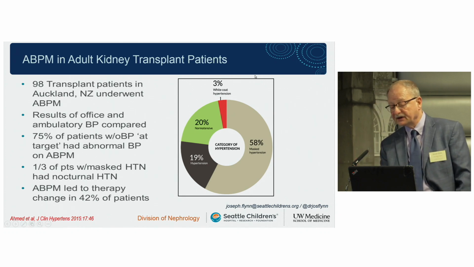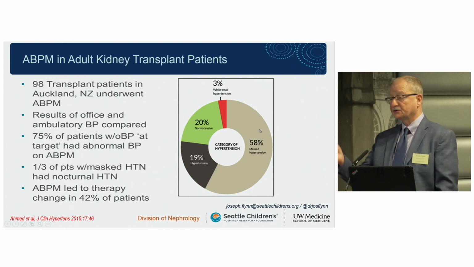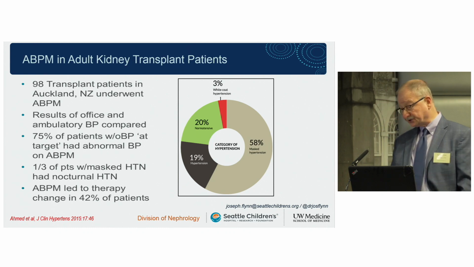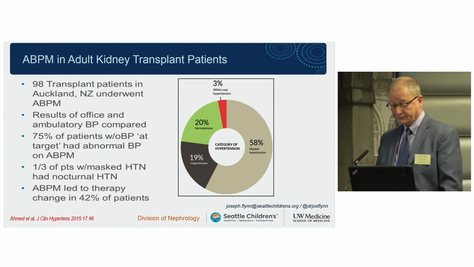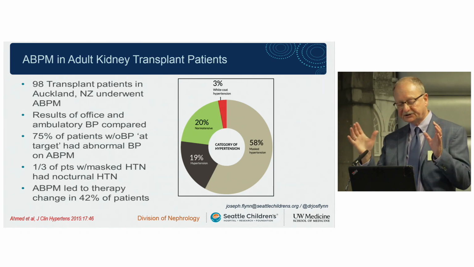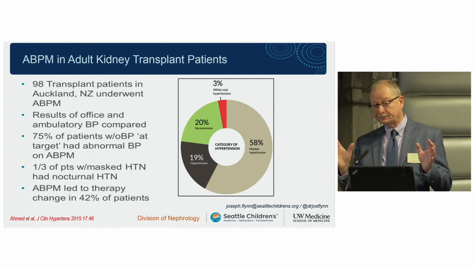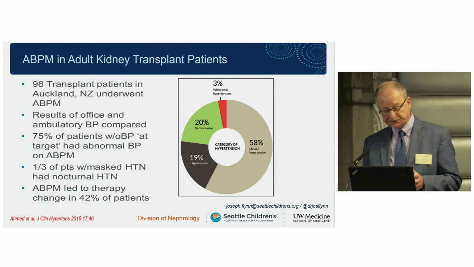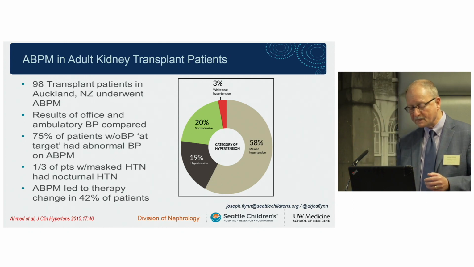Of these with masked hypertension, 1/3 had isolated nocturnal hypertension, which again is something we see very commonly on ambulatory monitoring. And when they looked at ABPM and used the results to manage the patients, 40% of their patients had a change in management based on the ambulatory blood pressure study result. And we see that in children as well.